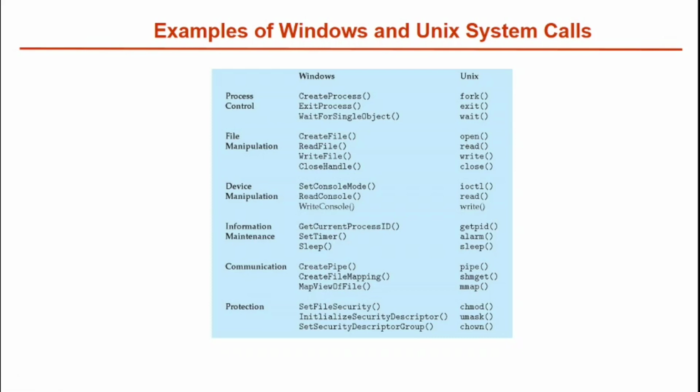To read a file you use ReadFile in Windows, and in Unix you use the read command. To write content in a file you use WriteFile, and in Unix you use the write command. CloseHandle closes a particular file or process, and you use the close command in Unix.